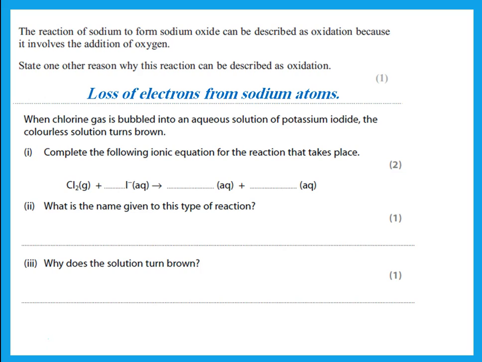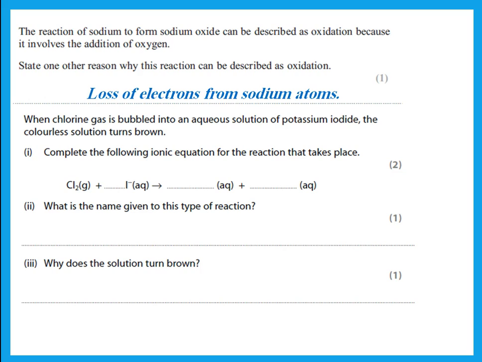The next question says, when chlorine gas is bubbled into an aqueous solution of potassium iodide, the colorless solution turns brown. So he's passing chlorine gas through something iodide, potassium iodide, sodium iodide, and of course these are compounds of metals that are not transition.